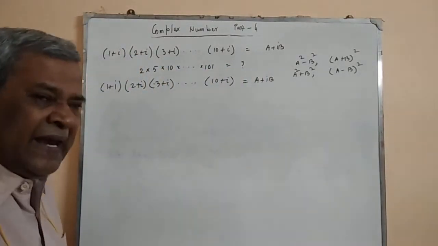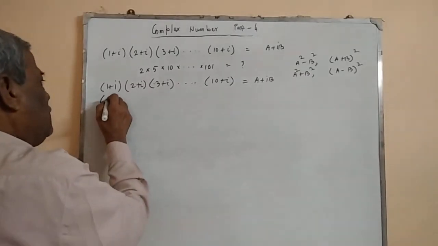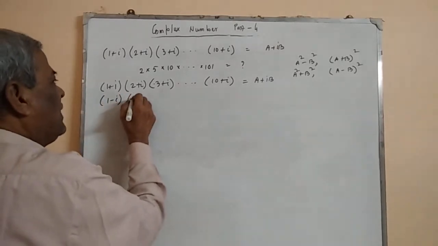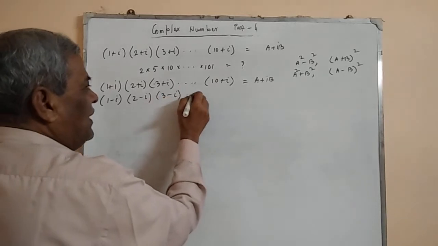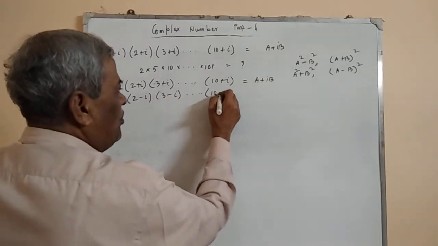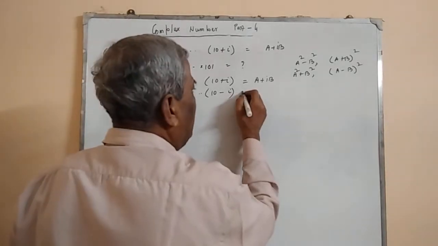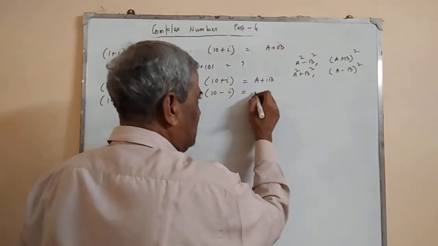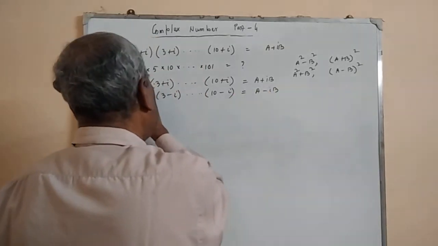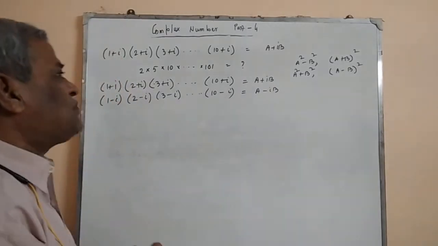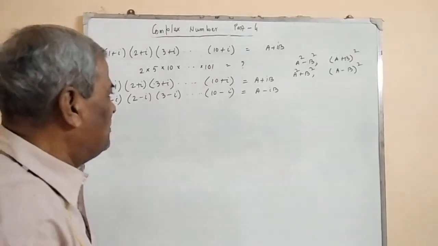Now take their conjugate on both sides. So it is equal to (1 minus i)(2 minus i)(3 minus i) up to (10 minus i). So the right hand side must be equal to its conjugate A minus iB, because from this to that i is simply replaced by minus i all along. So in this case also it is A minus iB.